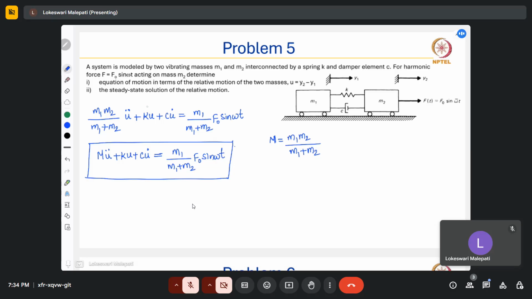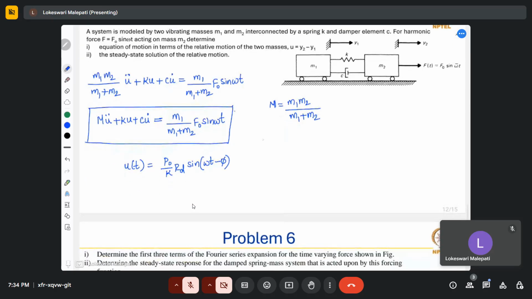The second part is the steady state solution of the relative motion. This is very similar to the forced vibration, for which we know the solution already, and they're asking for the steady state solution. So the steady state solution u of t is equal to p naught by k rd sine of omega t minus phi.